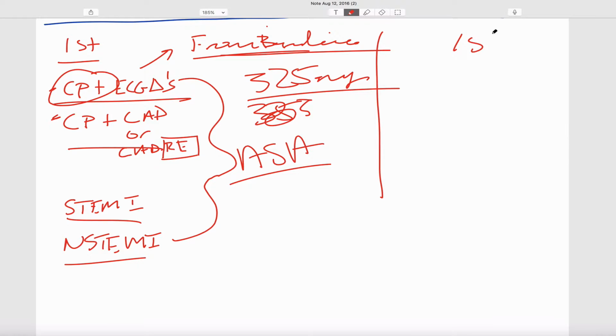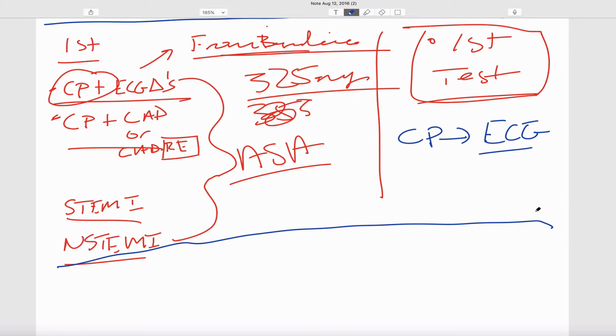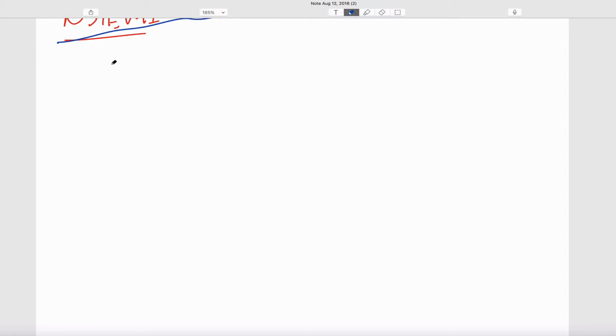So what is the first test we want to do for someone that comes in with chest pain? That kind of makes sense. We intuitively know the first test you want to do for anybody with chest pain is your ECG. That's going to be the first test you do. The question that you'll get asked, at least in relation to step 2, is what is the first or the next best step in management of the patient?